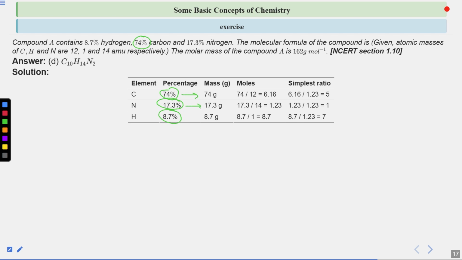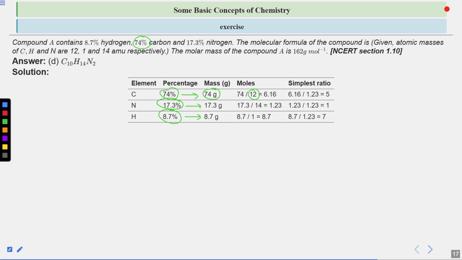So remember the steps very nicely and you will be able to solve this type of question very easily. Just write gram here instead of percentage. Next, convert this mass into moles by dividing it by the molar mass. You have the molar mass given in the question, then you will get the number of moles. So this is the second step.